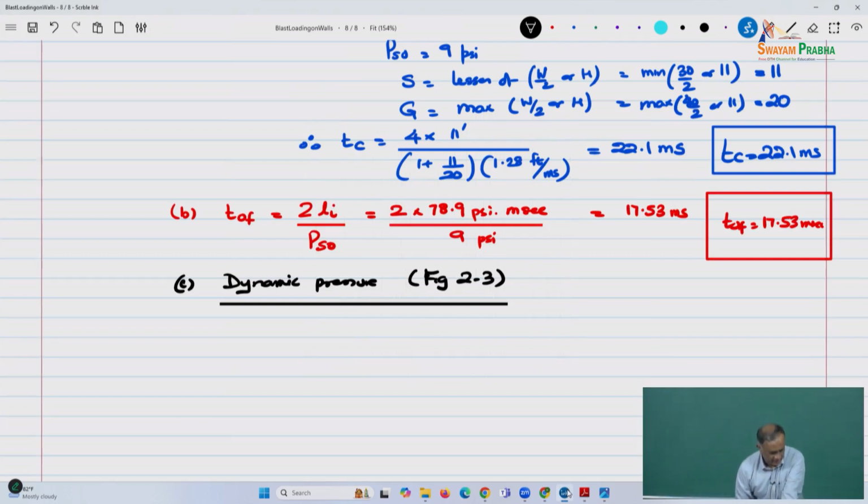So the peak dynamic pressure is from this figure. You get Q naught directly as 1.8 psi.